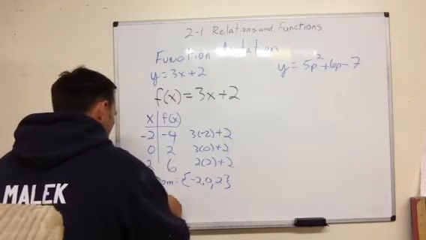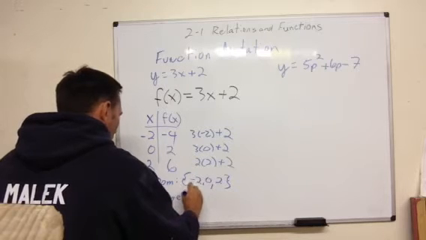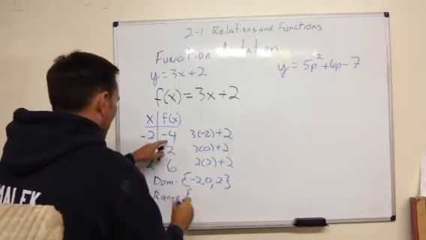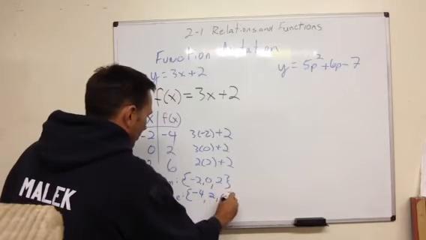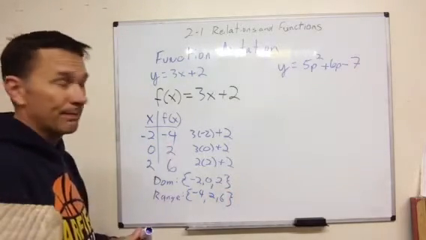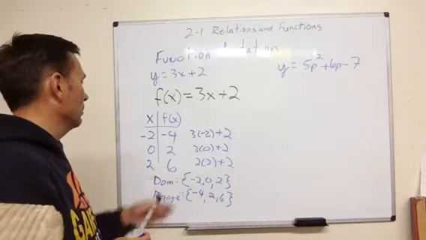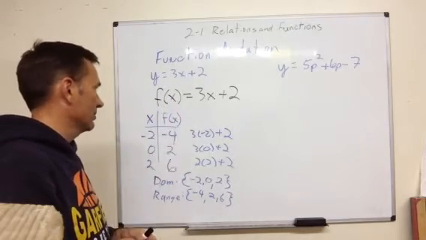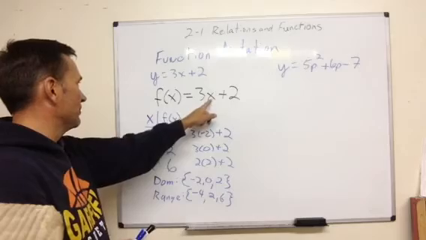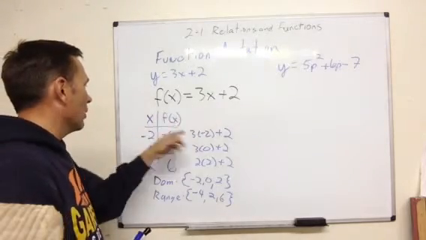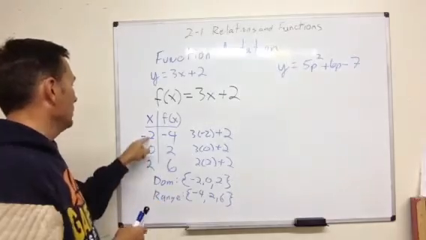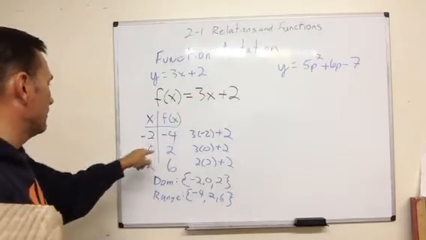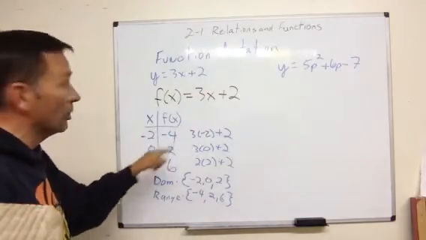Our range, we can list it out as -4, 2, and 6. And that's how we would evaluate this function. Again, the input value is this value. The output value is our final answer. So if we're doing a mapping, we'd see -2 go to -4, 0 go to 2, and 2 go to 6.